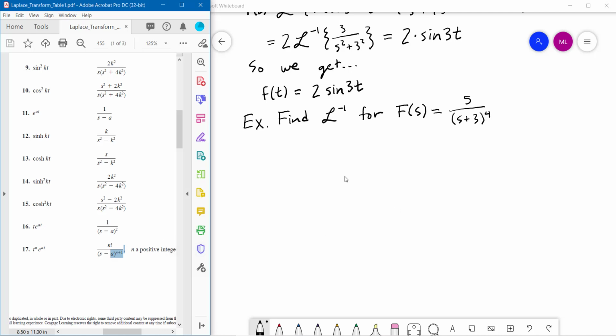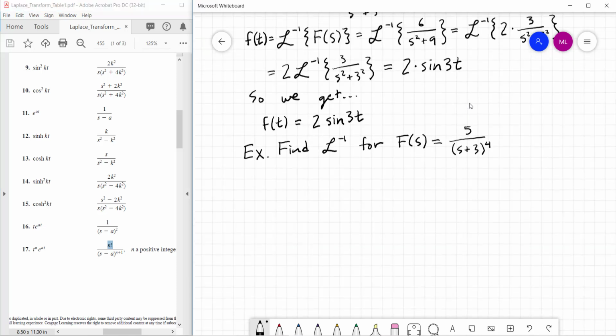We're raised to the fourth power. Here that would require n to be 3. And so up here, we'd have a 3 factorial in the numerator. 3 factorial is 3 times 2 times 1, so that's 6. I don't have a 6. I have a 5 instead, but I've got something that's close. I think this might work. So let's try this one.